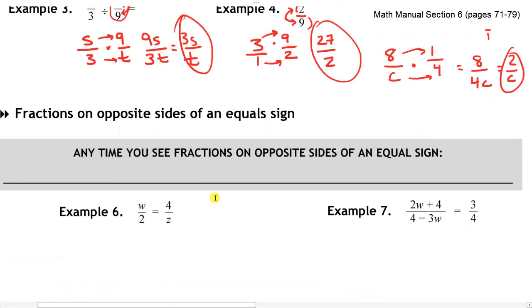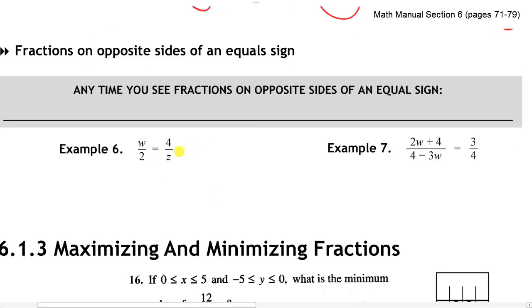Fractions on opposite sides of an equal sign. Anytime you see fractions on opposite sides of an equal sign, probably what you want to do is cross multiply. Cross multiplication is an extremely simple way to handle situations like this. We go the left-hand denominator times the right-hand numerator, we get 8.